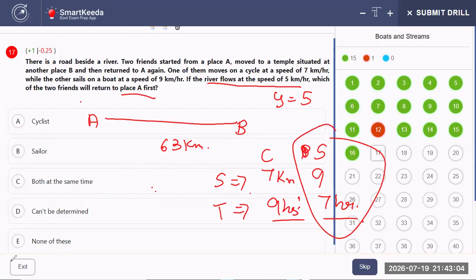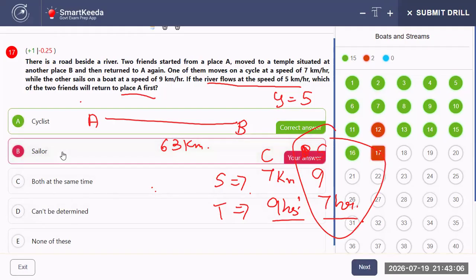So this is the concept-based question: upstream, downstream, cyclist, sailor.